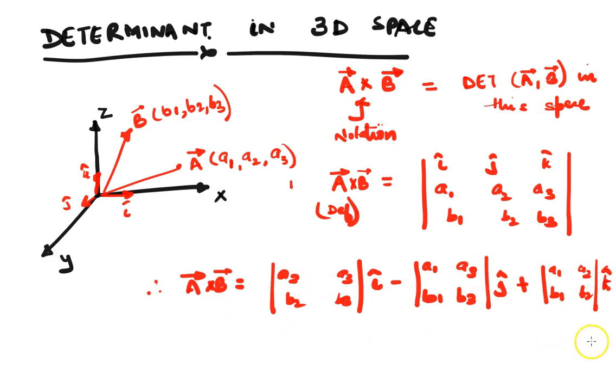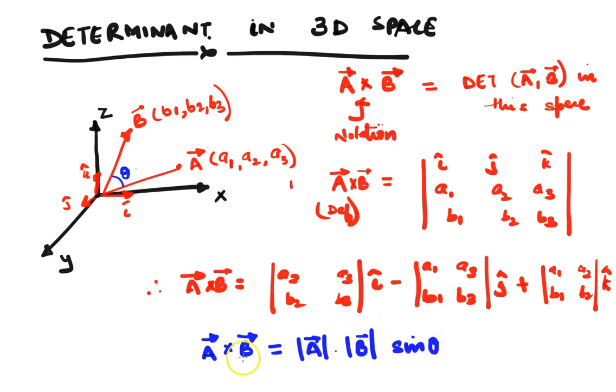So this is how you solve A cross B. There's another formula which can be seen: if this was an angle theta, then A cross B is equal to mod of A into mod of B into sine theta.